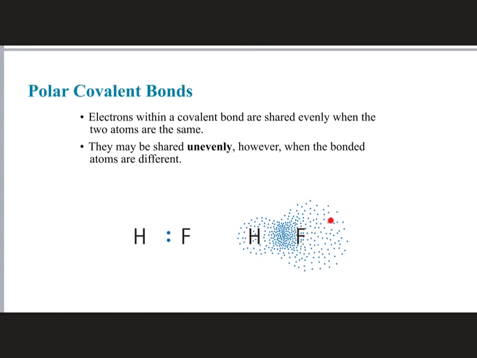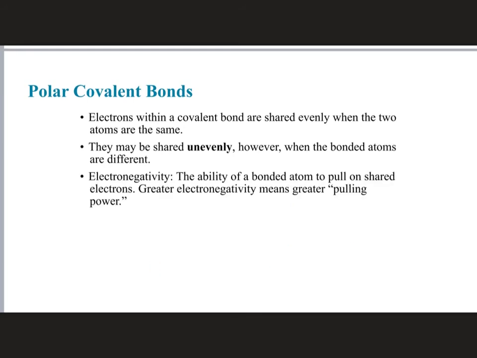Because the electron's spending more time over here, this side is effectively going to be negative more often than not. Or I should say on the fluorine side, because this could easily be upside down. On the side where the fluorine is, the electron is going to spend more time, and that's going to make this side of the atom a little bit more negative.